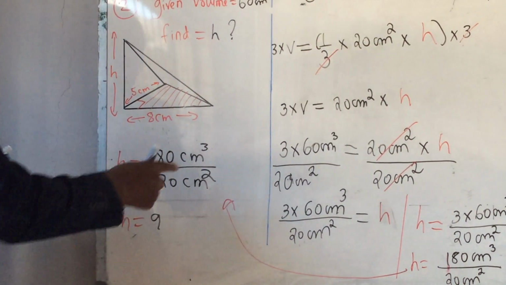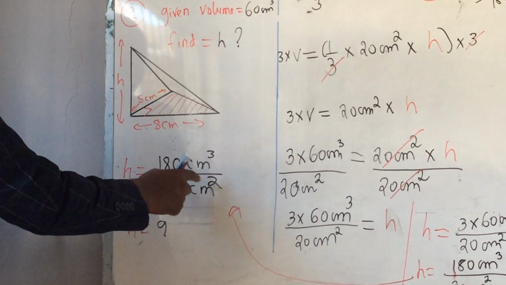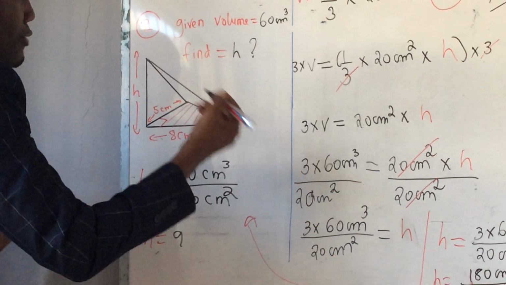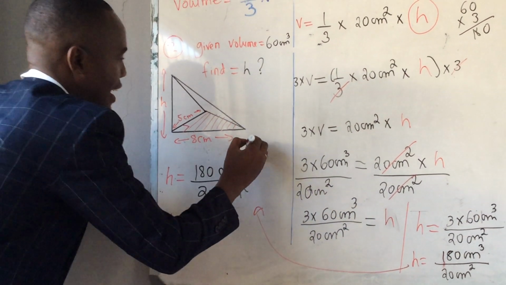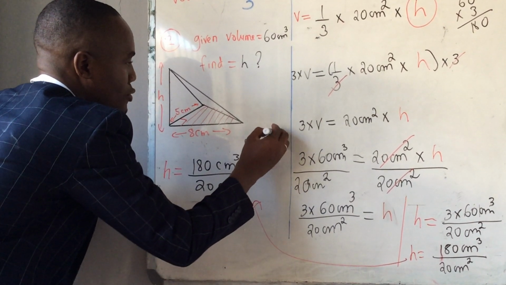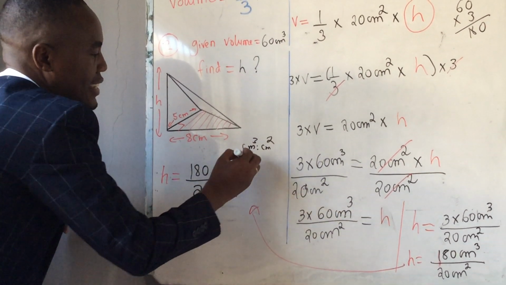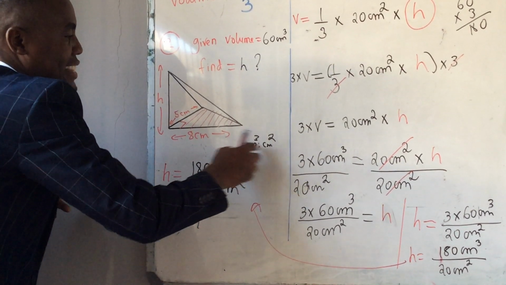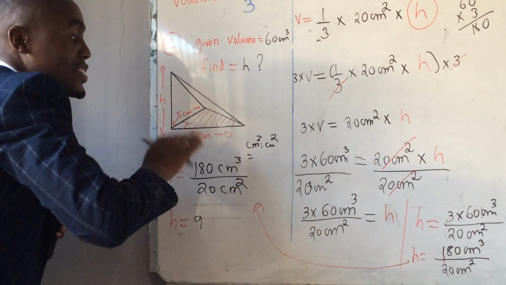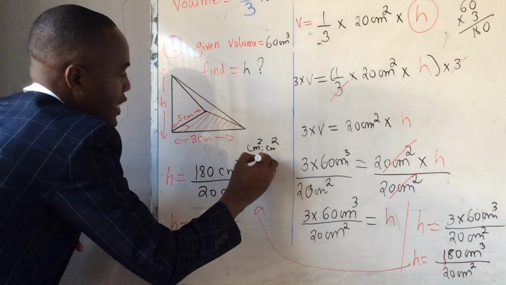Then we have to work out the value of centimeters cubed and centimeters squared. As we know in algebra, if we have centimeters cubed divided by centimeters squared, because the base is the same and the exponents are different, we subtract the exponents and maintain the base, as an algebraic rule of exponents.